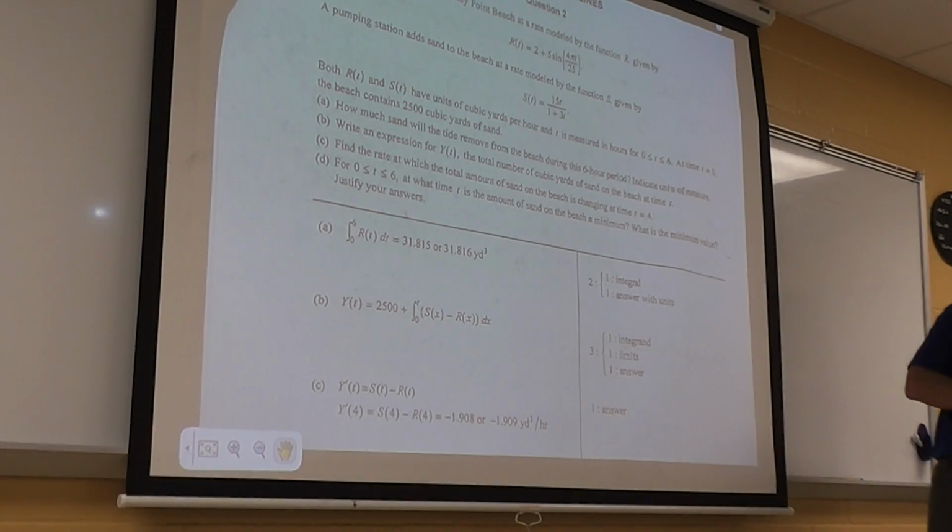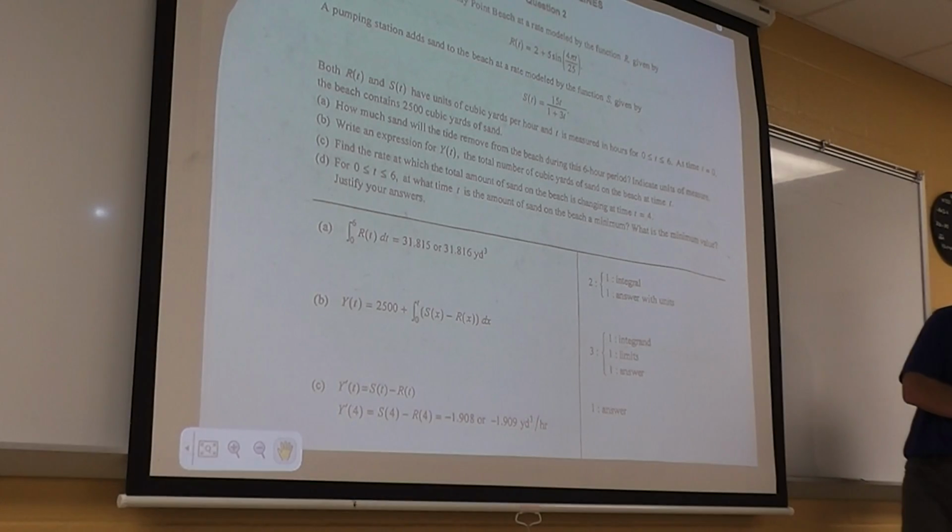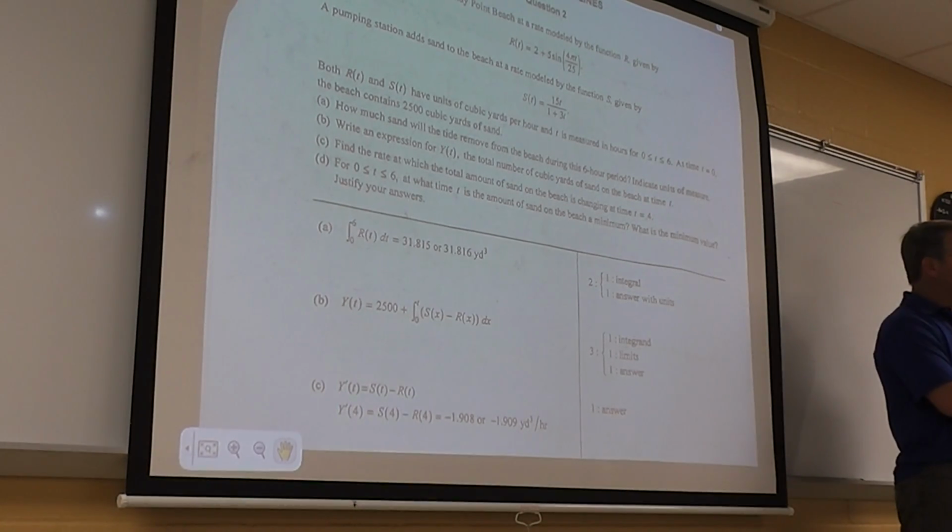So the tide removes sand from Sandy Point Beach at a rate modeled by the function R given by R of t. Now, think about the phrasing. The tide removes sand from Sandy Point Beach at a rate. So I'm thinking R is the derivative of some function that gives me the amount of sand.